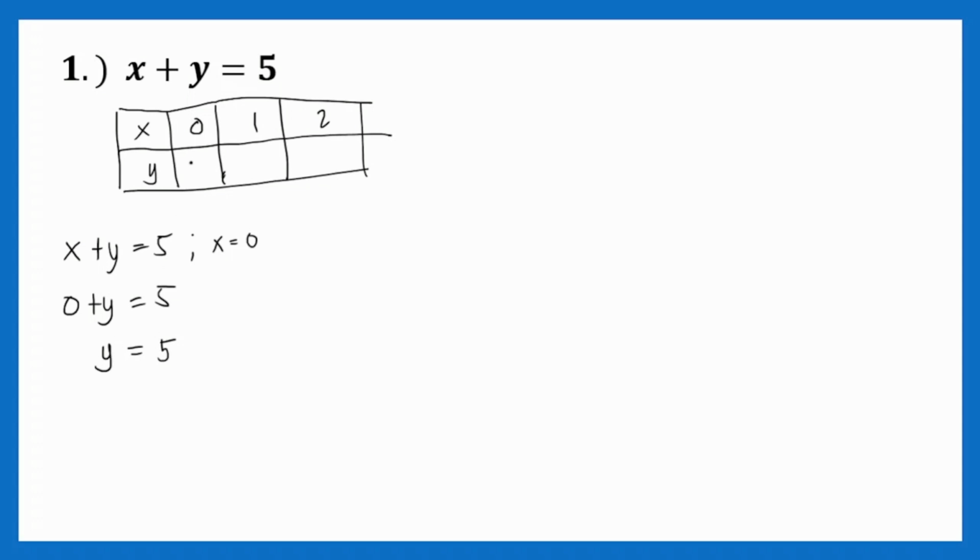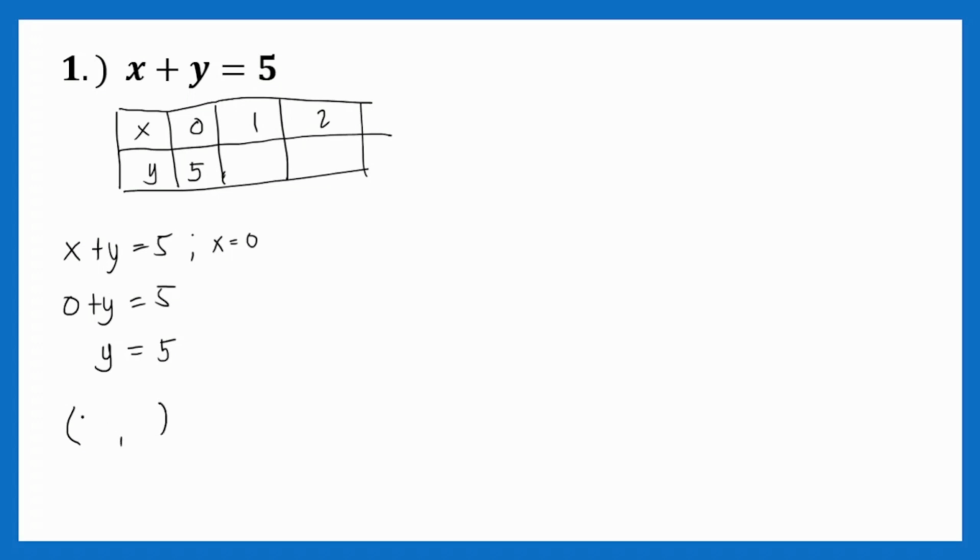So lagay mo siya dito, sa baba ng 0. Bakit? Kasi yung 0 ang ginamit natin na x. Okay? Ayan. So, we have the value of x and we also have the value of y. Now, kailangan makreate natin ang ordered pair nila. Right? So, ang ordered pair, ito yung magkapares na nauuna si x followed by y.